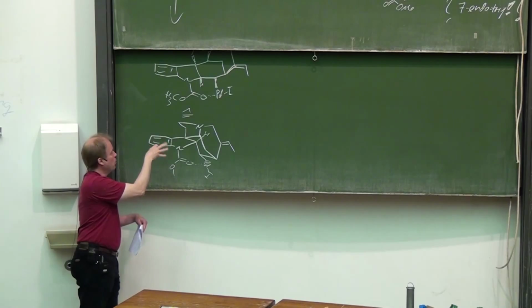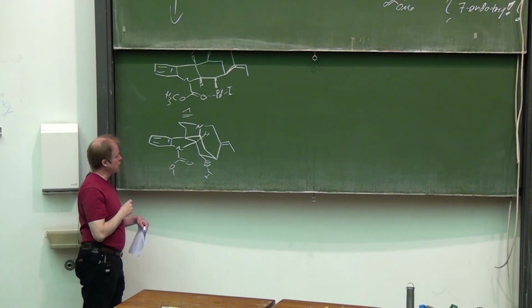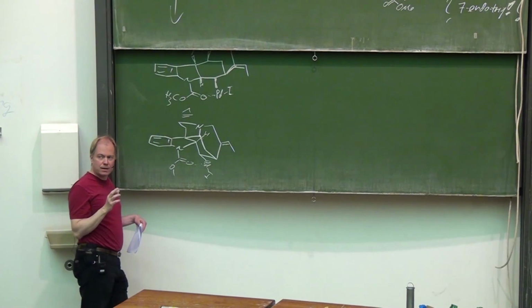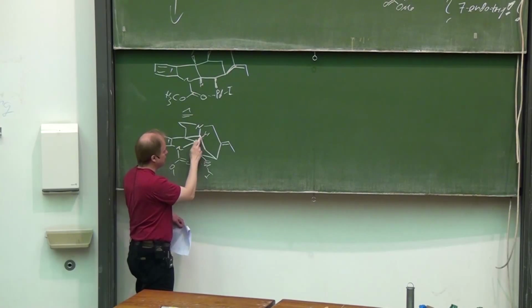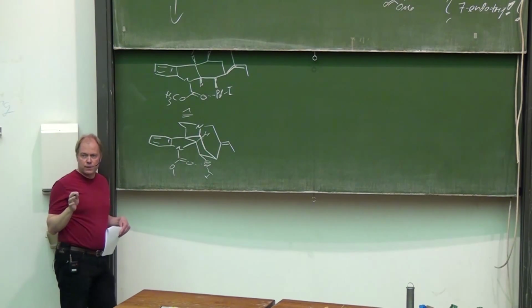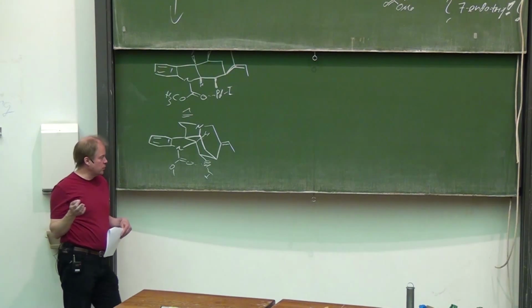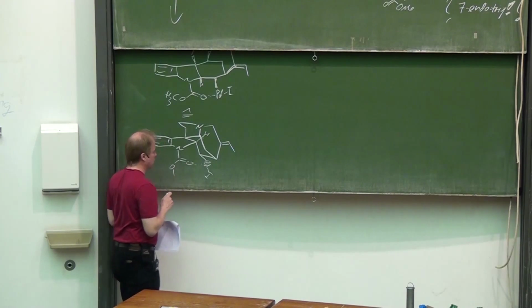And a closer look at a model of this structure reveals that it is somewhat fixed in a conformation where the dihedral angle between that palladium and that hydrogen is about 55 degrees. For the beta hydride elimination to occur, the system would need to adopt a dihedral angle close to 0 degrees. This is somewhat hindered by that complexation.